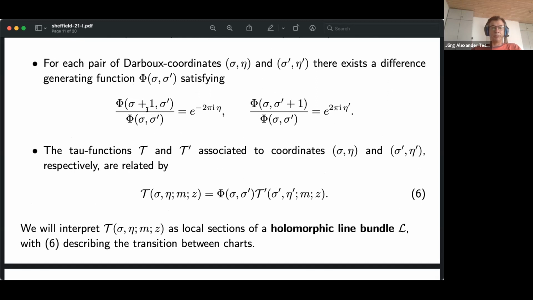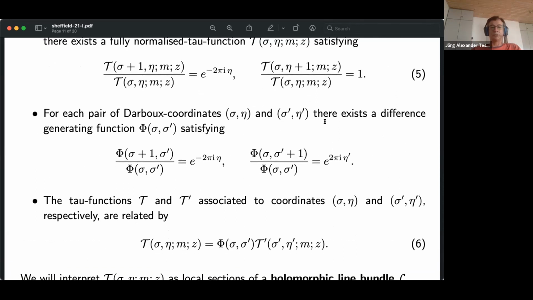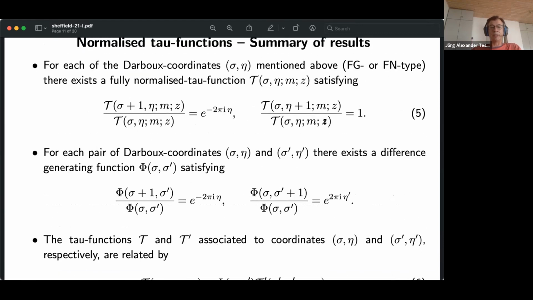Namely, if I shift sigma by 1, the eta comes out. If I shift sigma prime by 1, the eta prime comes out. So this is a very rigid and in a sense remarkable structure that, we claim, governs a good class of normalizations for the tau functions.